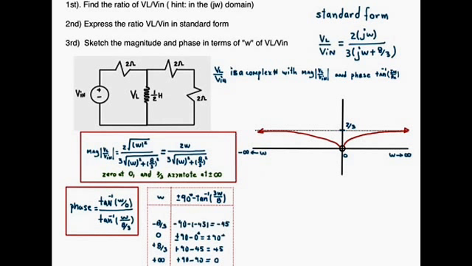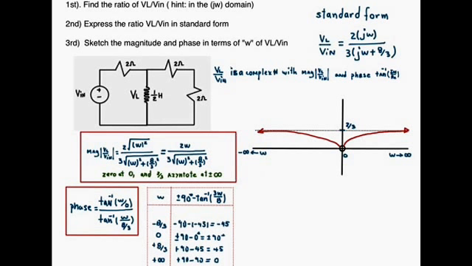As we move to the negative values of omega, minus 8 divided by 3 will give us minus 90 degrees for the numerator, since omega is divided by 0 and the argument of the arctangent is negative, and the denominator will give us a minus 45 because it's minus 1.